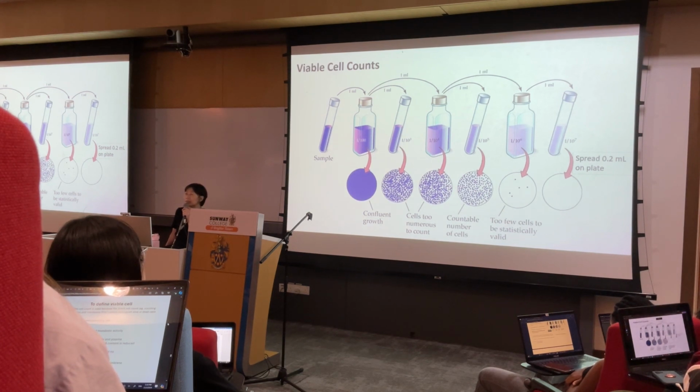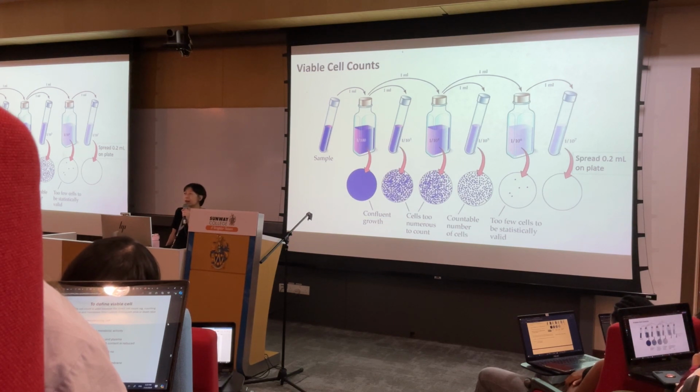If you grow them in the broth, of course there are viable cells because the broth becomes turbid, meaning there is an increase in cell number. However, inside the broth culture, they may have a lot of dead cells as well that we do not know. So normally when you talk about viable cell count or viable cell growth, we are talking about those cells grown on the agar plate and presenting as a colony, right?